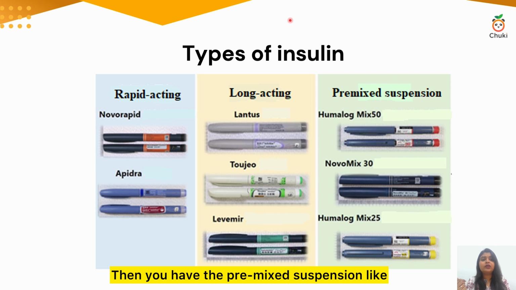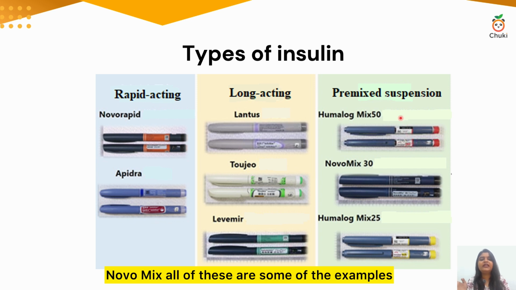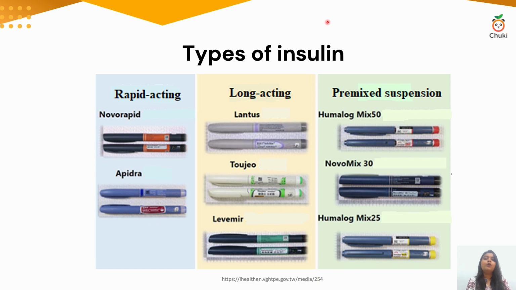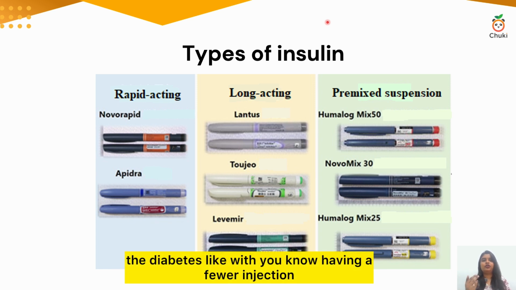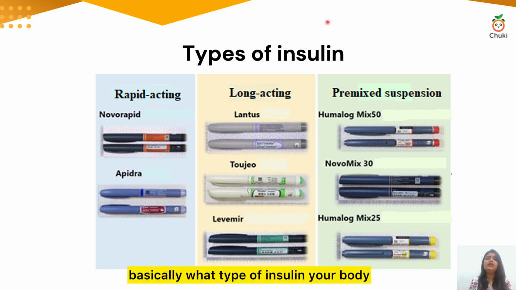Then you have the pre-mix suspensions, for example Humalog Mix 50 and NovoMix. All of these are examples of a combination of fast and long-acting insulin, which makes it easier for people to manage diabetes with fewer injections. What type of insulin your body needs depends totally on your doctor's advice.